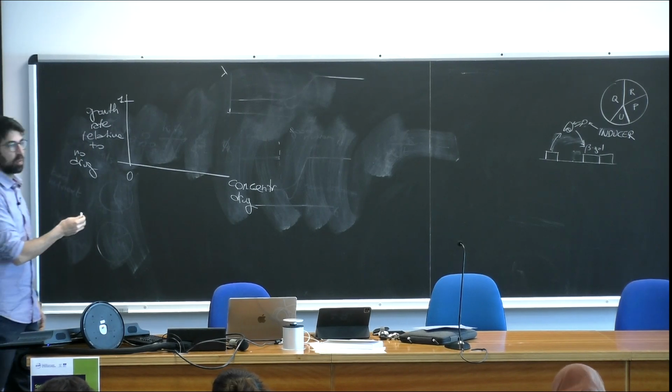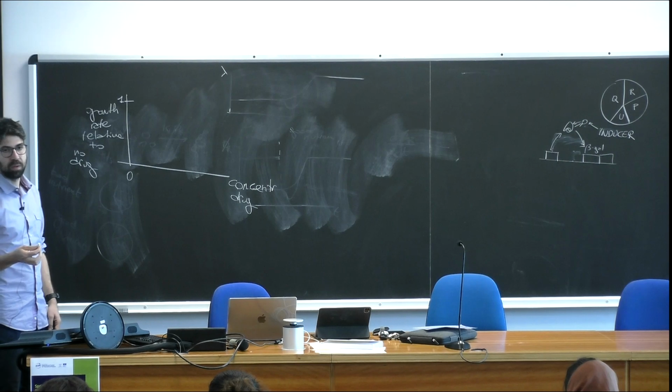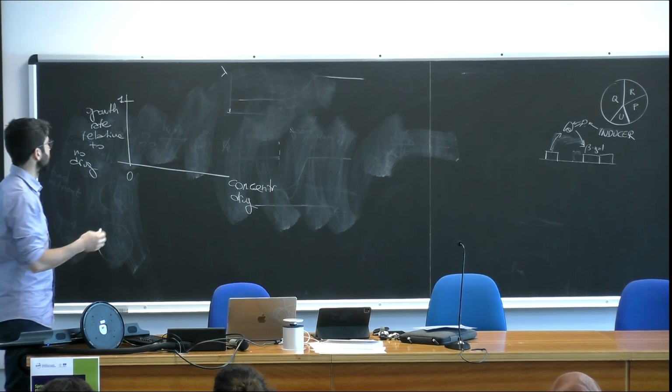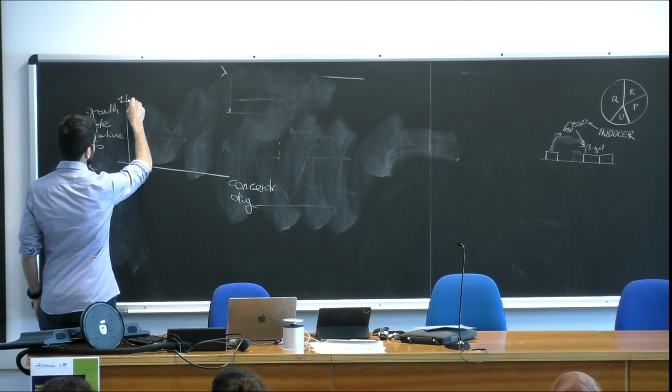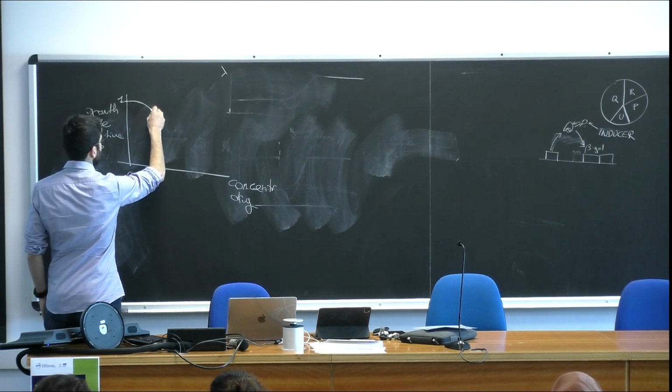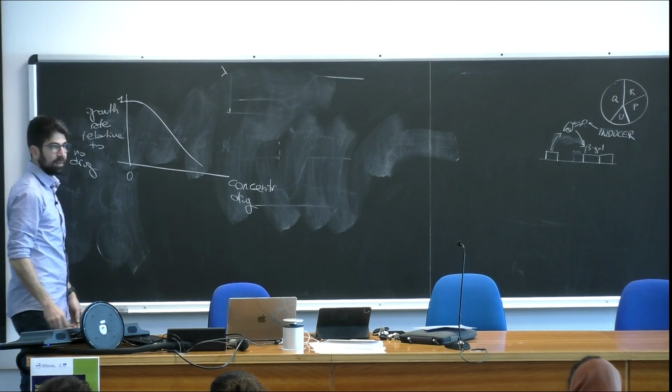And then I ask, suppose that I increase the concentration. For instance, the growth rate, I expect it to decrease. And this can have whatever form, but let's say it will go something like that.